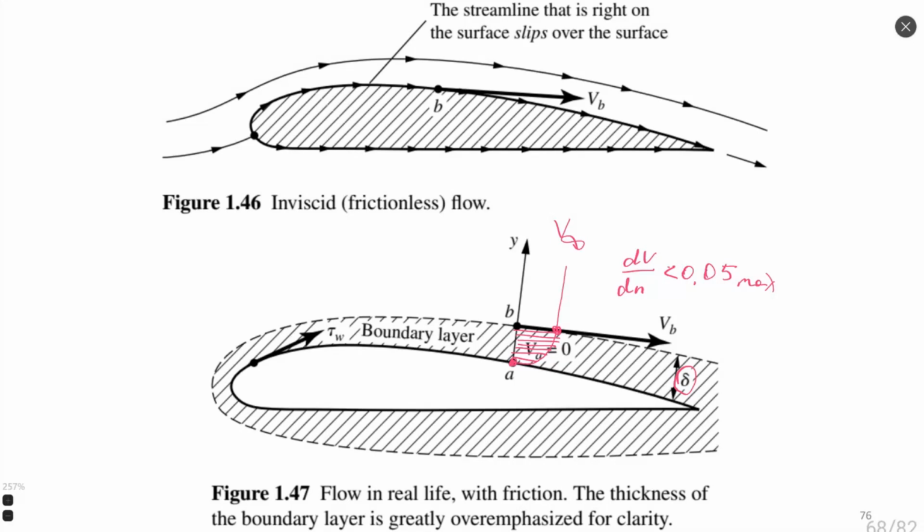Not just velocity changes inside the boundary layer, but also other thermodynamic properties. For example, for incompressible flow, the velocity change is enough, because that's the only parameter we need to calculate. But for compressible flow, we also have a change of temperature, the so-called thermal boundary layer, which does not totally correspond to the velocity boundary layer.